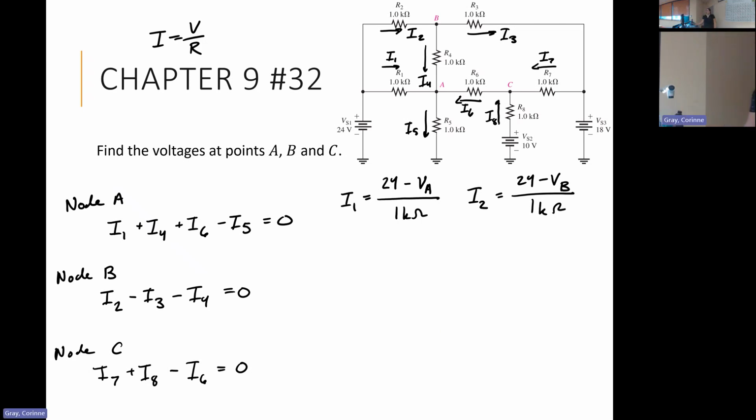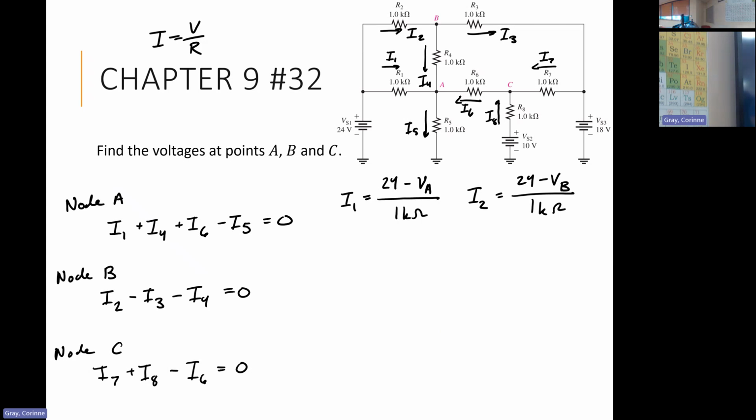I want you to try for I3. What would this one look like? Where's the 24 coming from? It's coming from our battery here. So you're gaining 24, and at this node here, because there's nothing in between, there'll be 24 here.